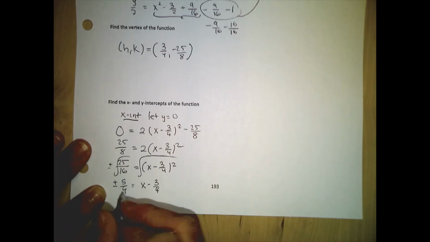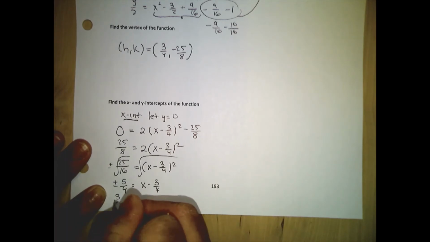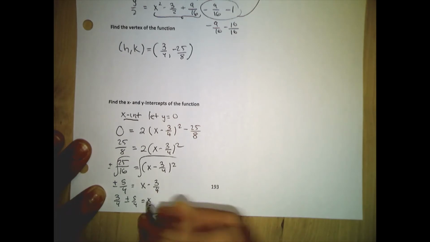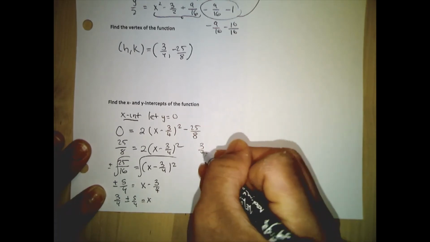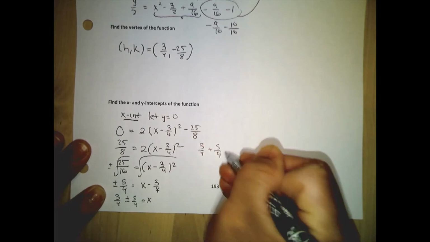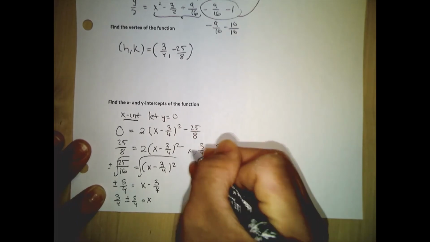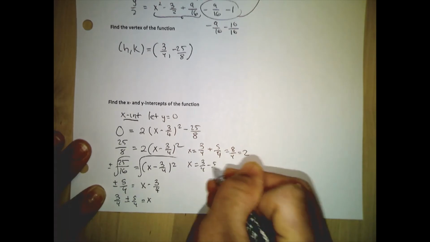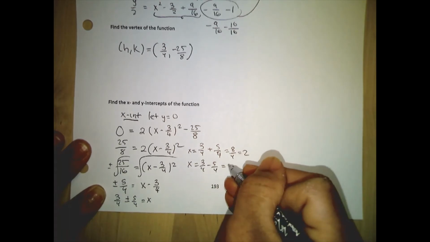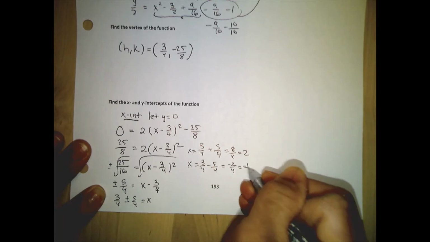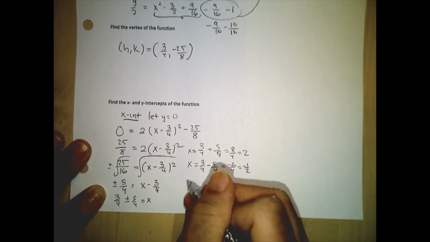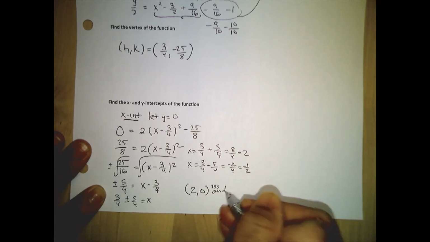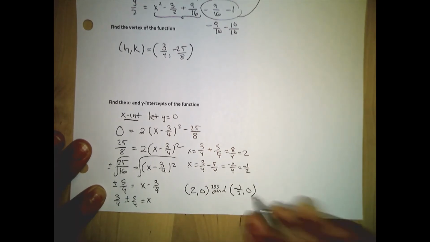Then add the 3/4, so 3/4 plus or minus 5/4 is equal to x, and 3/4 plus 5/4 is 8/4, which is 2, and 3/4 minus 5/4 is negative 2/4, which is negative 1/2. So these x-intercepts are at (2, 0) and at (-1/2, 0).